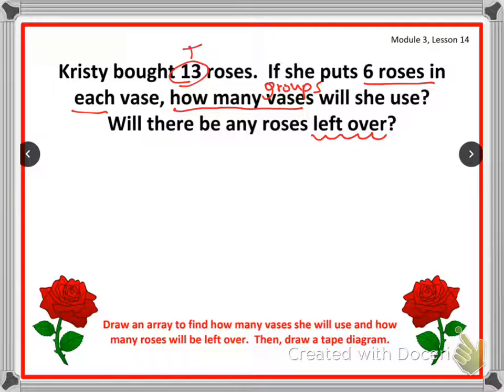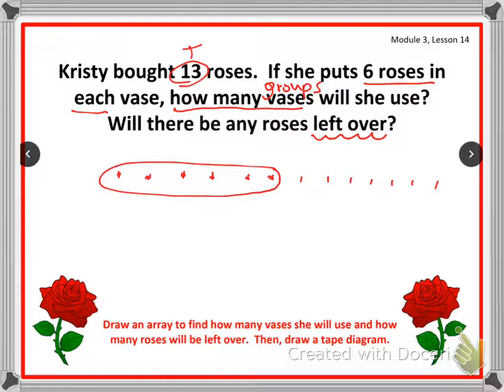So let's get our groups ready. Let's take those 13 roses and spread them apart. We've got 1, 2, 3, 4, 5, 6, 7, 8, 9, 10, 11, 12, 13. We've got 13 roses, but 6 roses are put into each vase. So let's find 6 roses. 1, 2, 3, 4, 5, 6.